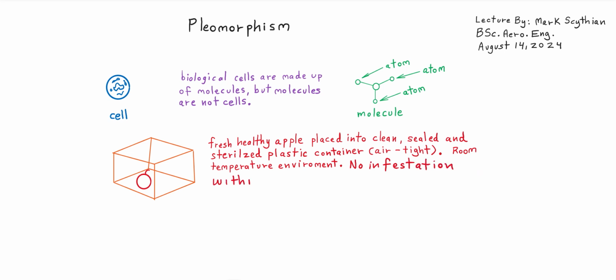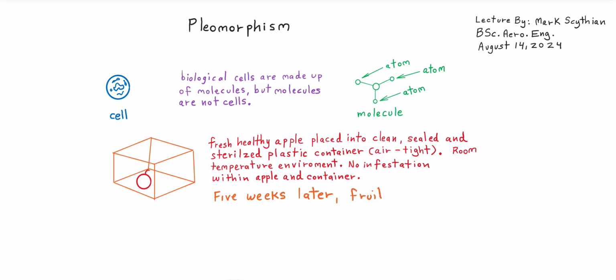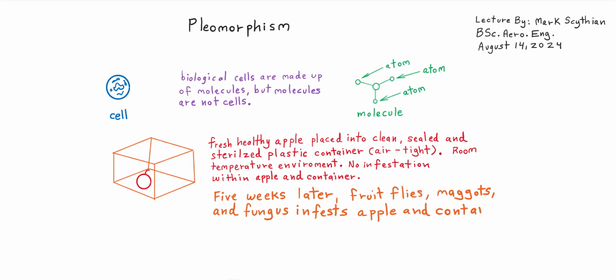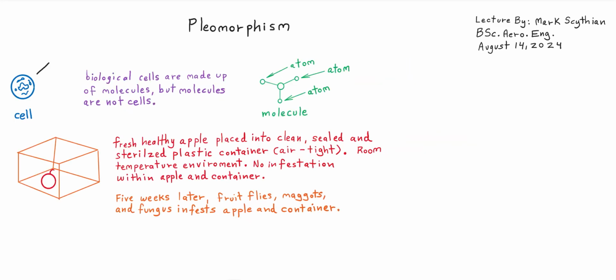No infestation within the apple and container. So we let it sit in the room temperature environment, and the observation is 5 weeks later, fruit flies, maggots, and fungus infest the apple and container.